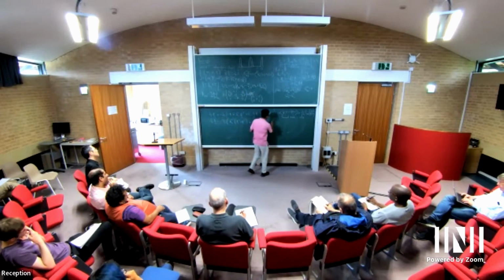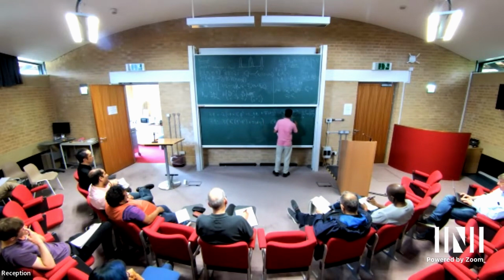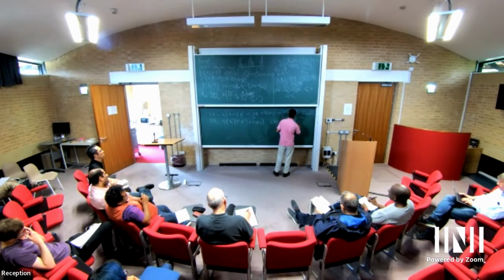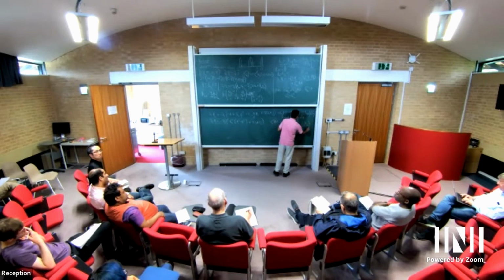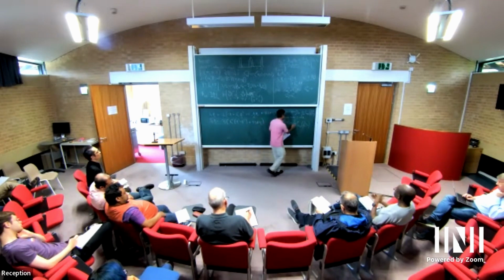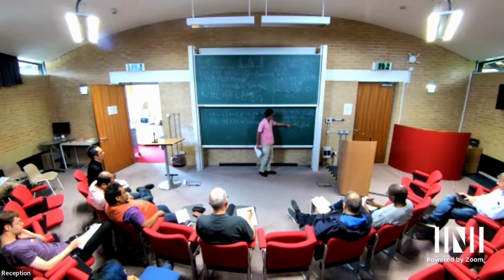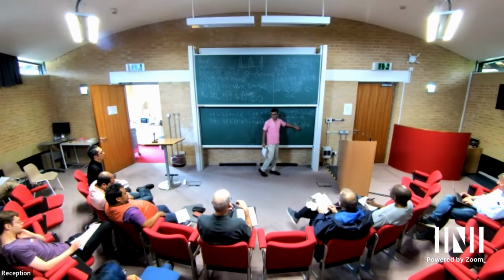Okay, so in this case the prediction is that phi 0 has the scaling... So this is the 3/5 exponent, and then the scaling function is the Rayleigh distribution.